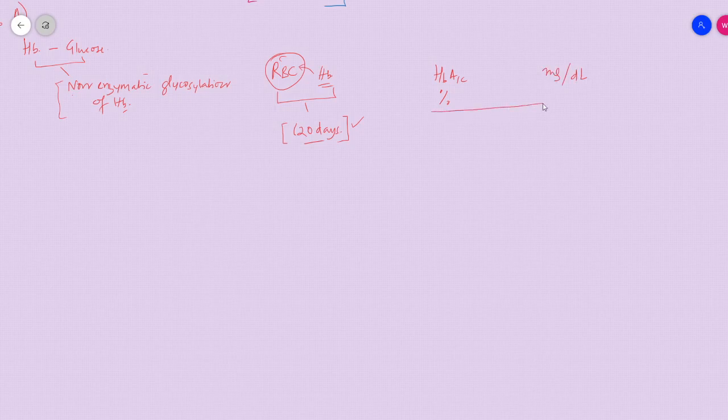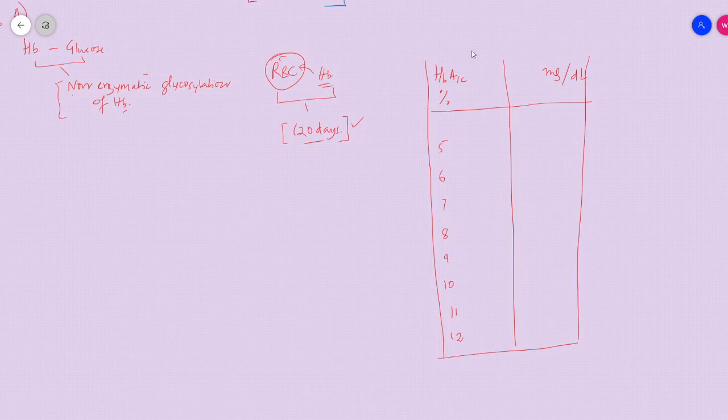So let's draw a table and see how it looks. If it is 5, 6, 7, 8, 9, 10, 11, and 12. Let's try and see a correlation. We said that there is a linear relationship between these levels, so let's see what the relationship is.